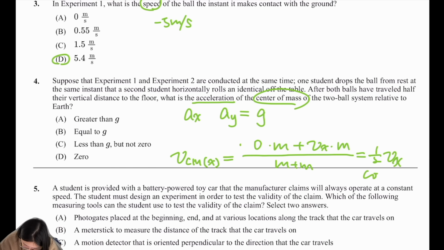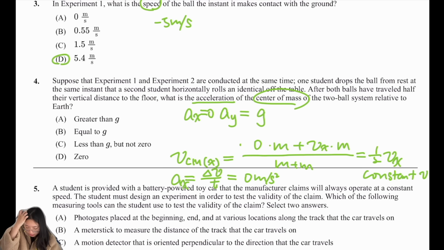So this is a constant velocity, and for a constant velocity, acceleration is equal to 0, because acceleration is change in velocity over time. So this is 0 meters per second squared. In the horizontal direction, acceleration is 0. In the vertical direction, acceleration is g. So when I combine them, this is a_y and this is a_x, and since a_x is 0, the acceleration is equal to a_y only.